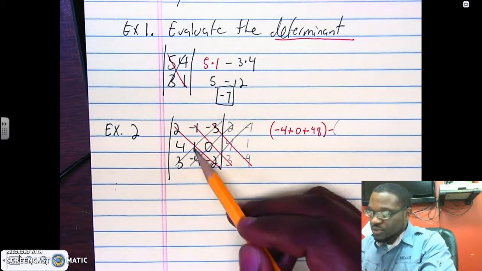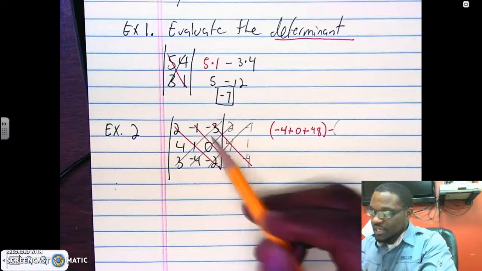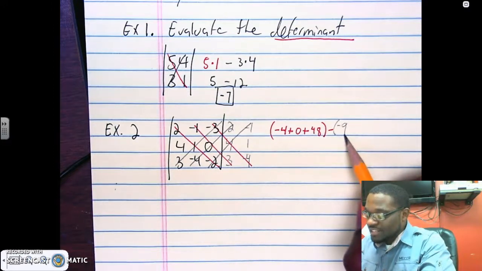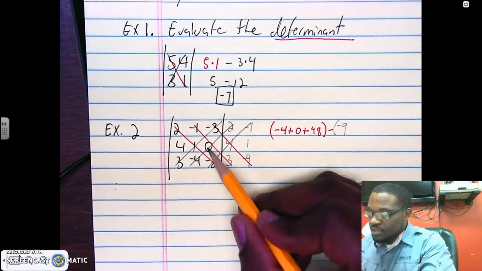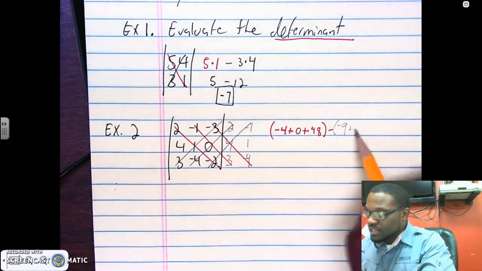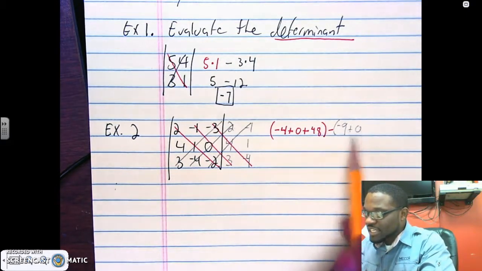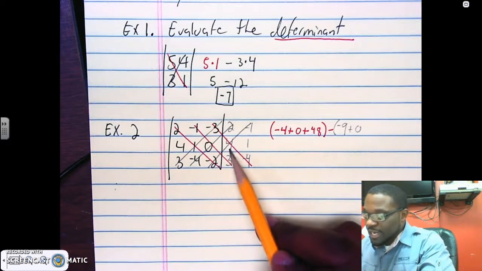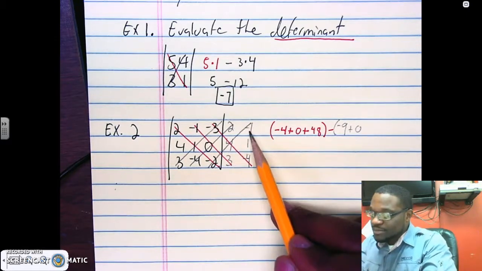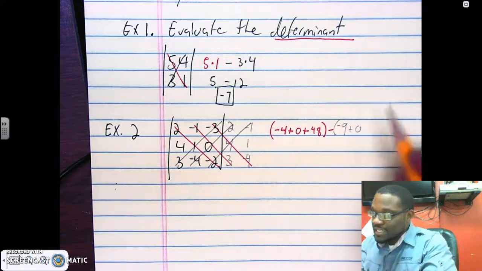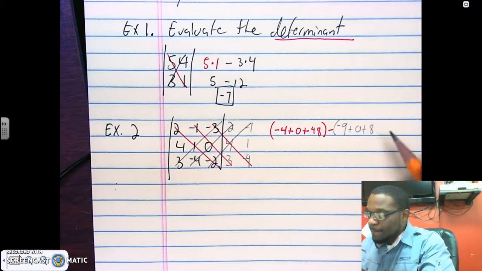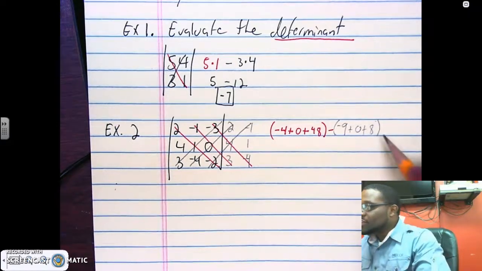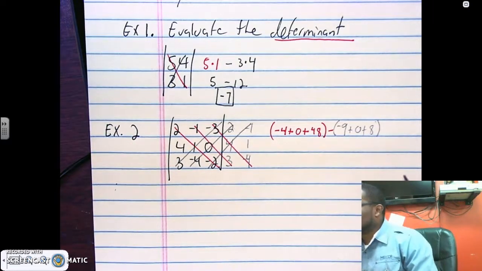So 3 times negative 3 is negative 9. Negative 4 times 0 times 2 is 0. Notice I'm adding all these inside the parenthesis and I'm going to subtract that. Negative 2 times 4 times negative 1 is 8. So I add all those up together.